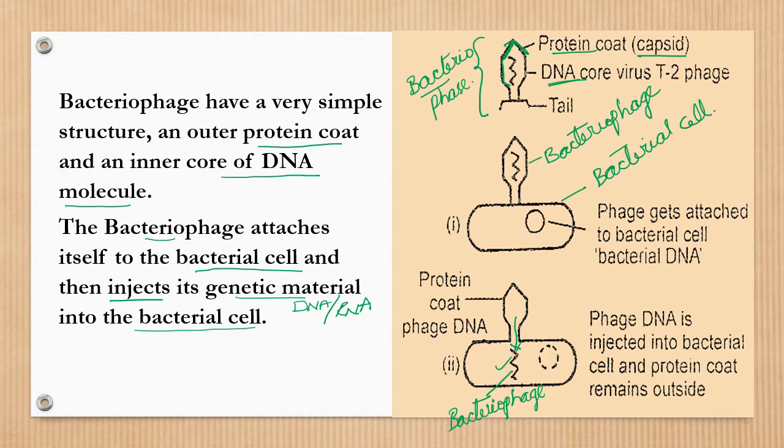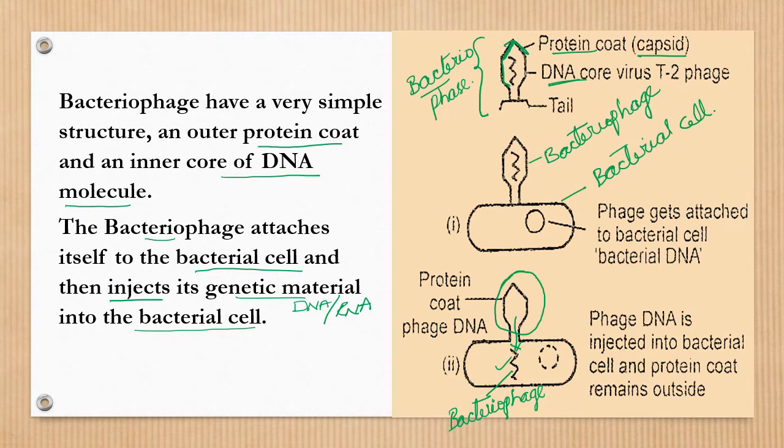Now what will happen after that genetic material enters the bacterial cell? And remember, what is left outside after infection? When it attaches to the bacterial cell, it sends in the DNA, but the protein coat remains outside.